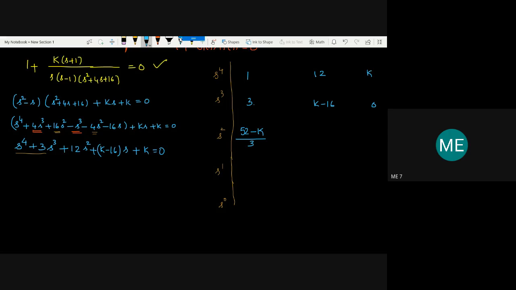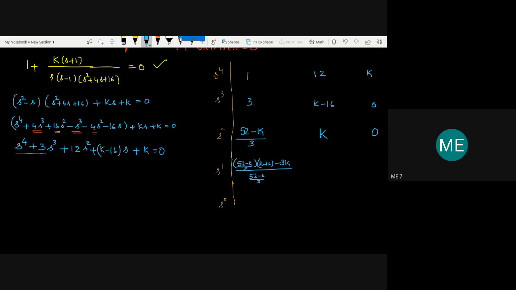So 3k minus 0 is 3k, 3k by 3 is going to be k, and then this is going to be 0. Next, this term is 52 minus k into k minus 16 minus 3k, divided by 52 minus k by 3, and here also 52 minus k by 3.